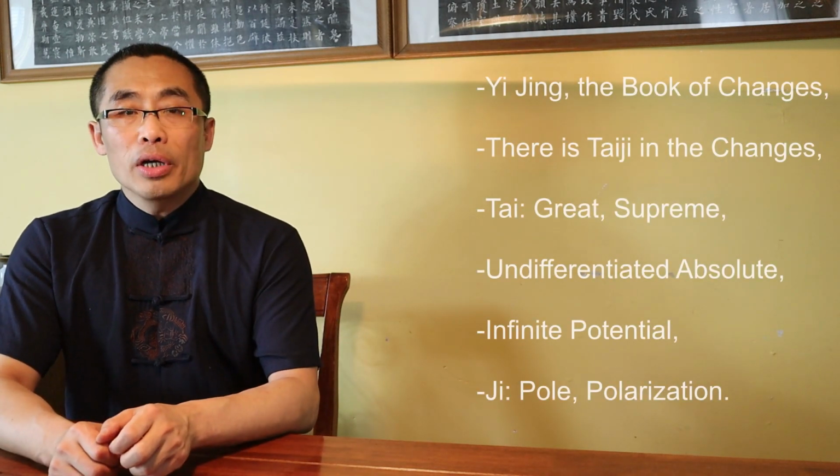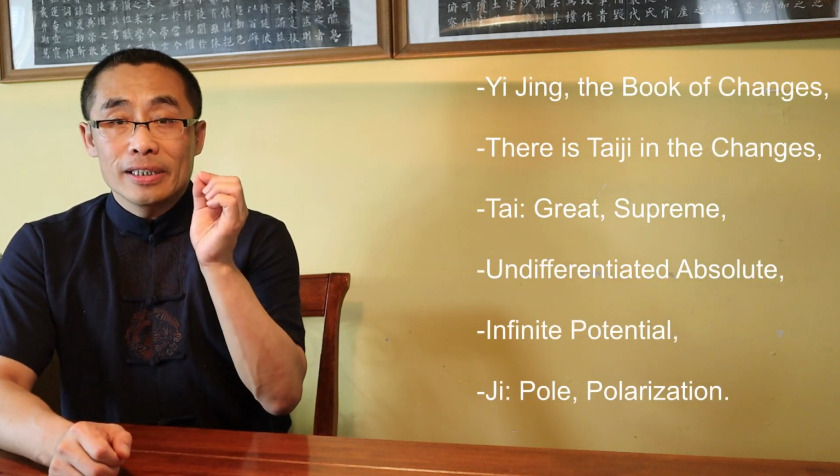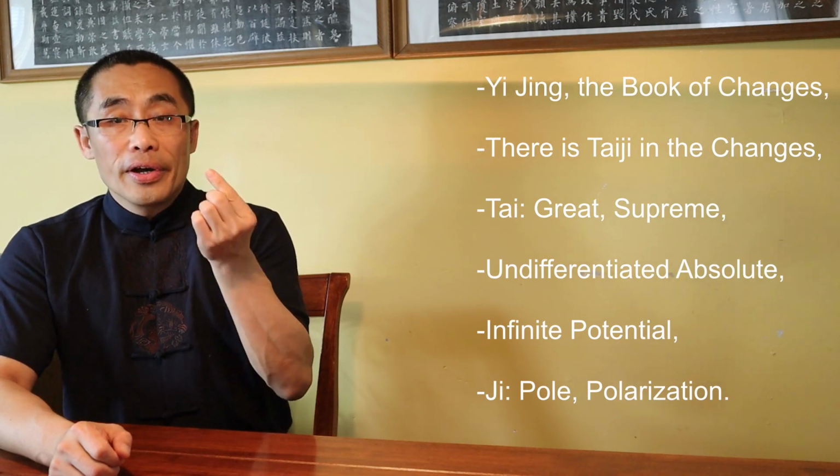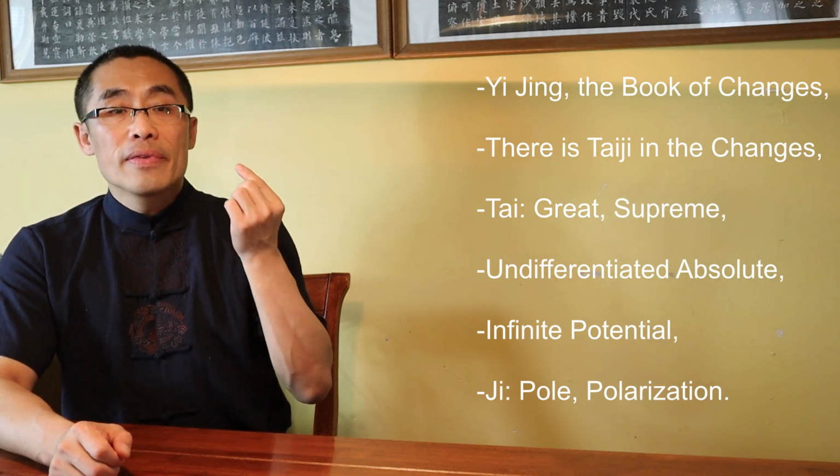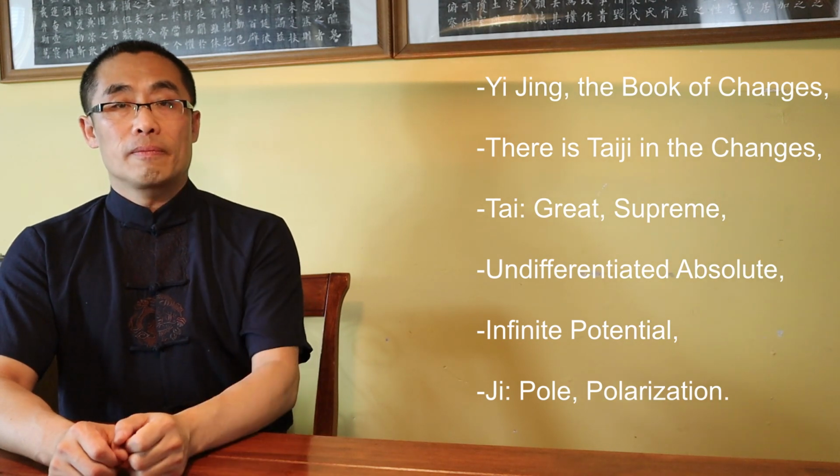Tai Chi as a term, most people believe, is from the I Ching, the Book of Changes, because it mentioned a sentence that begins with "there is a Tai Chi in the changes."